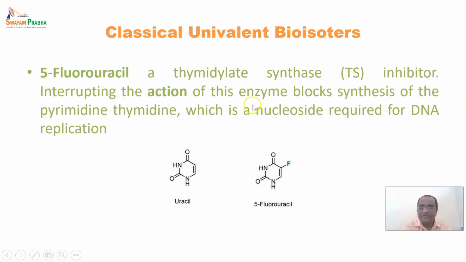And why is it said to be univalent? Because only one atom having one valency, like hydrogen is having one valency and fluorine is having one valency, or they are connected with only one bond, so they are classified under the univalent class.